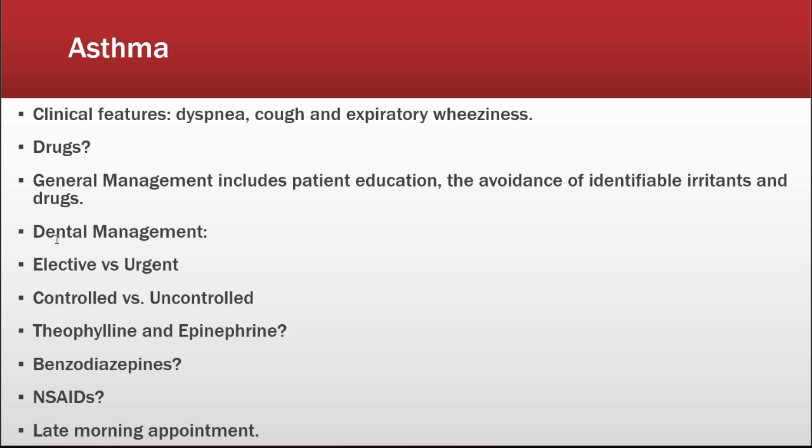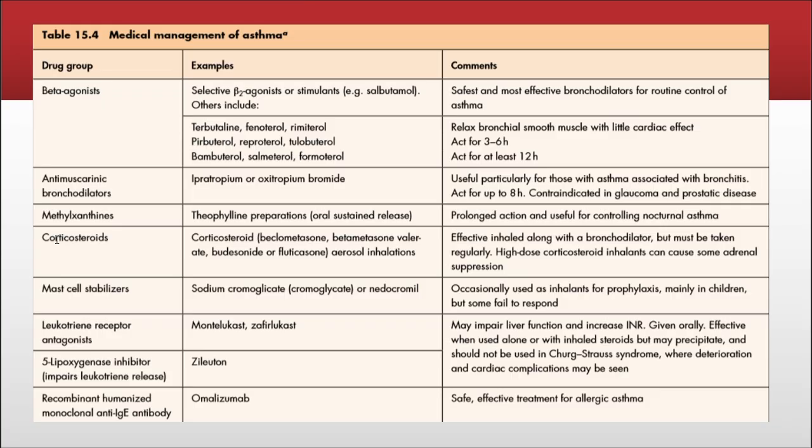Now, what medications do these patients take? We have beta agonists, selective beta 2 agonists, antimuscarinic bronchodilators, corticosteroids, and mast cell stabilizers. All of these are common medications that the patients might take. We all know the inhaler that these patients take, and more.